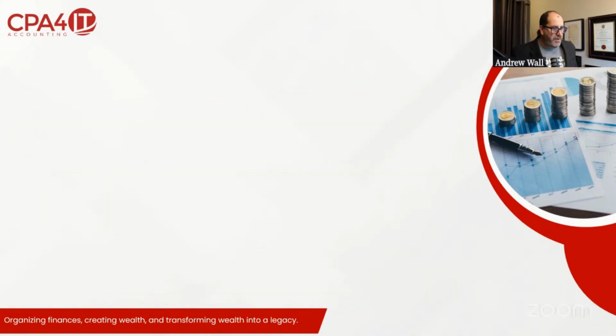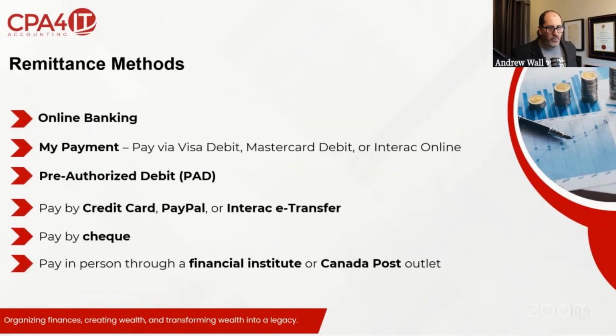Now, for paying your remittance, there are a couple of different options. My number one recommendation is online banking. In different banks, it's in different sections. It's usually under Pay My Bills or similar area, but it's typically under a separate section called Pay My Taxes.